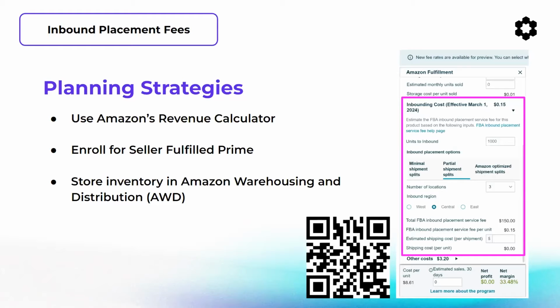You need to ship on Saturdays, and have a 1-day promise and all of that. It requires a higher effort in logistics, but if you have the option, you could have the Prime badge without paying the inbound placement fee.